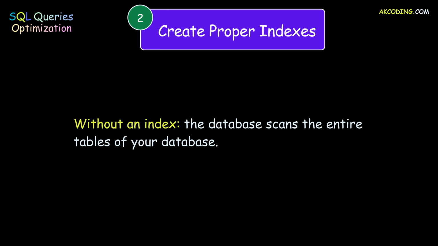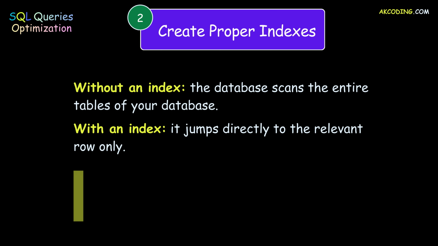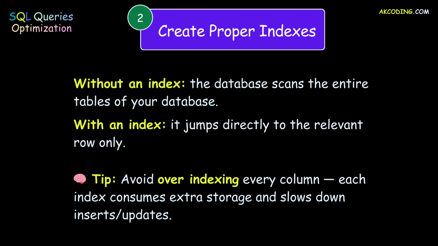Without an index, the database scans the entire table. With an index, it jumps directly to the relevant row only. Please remember, avoid over-indexing every column. Each index consumes extra storage and slows down insert and update queries.